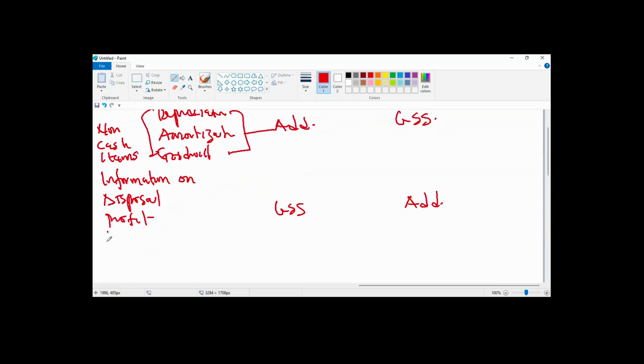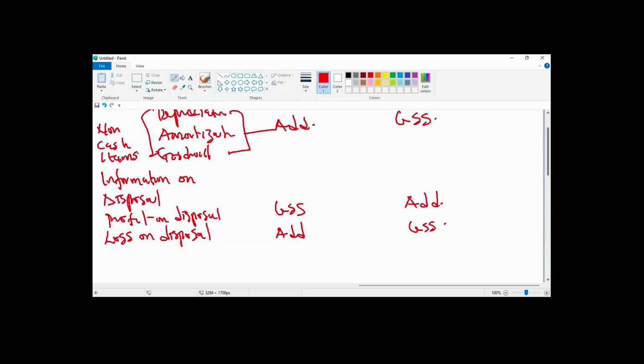Then if I see loss on disposal, what do I do? In indirect, I will add; in direct, I will less.